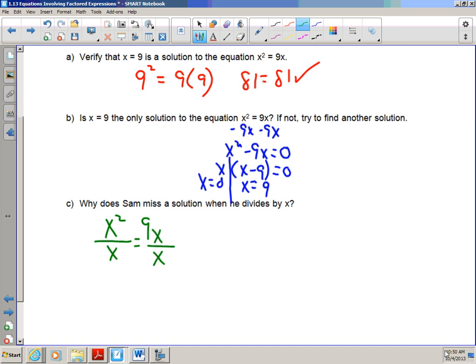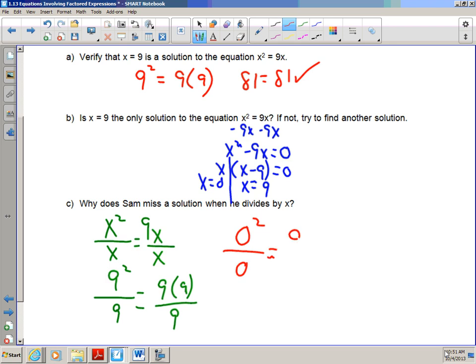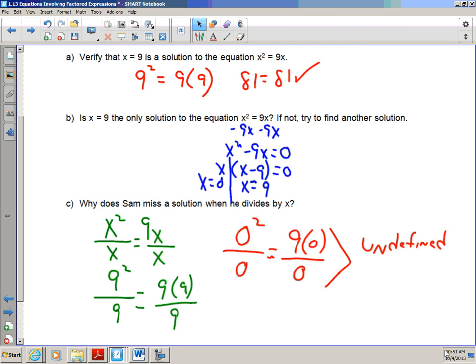If you substitute 9 in for x, you'll see that you still get a true statement of 81 divided by 9 on both sides. However, if you substitute 0 in for x, what's the problem? Well, 0 in the denominator gives us what kind of answer? You should recall that this statement is undefined. It makes no logical sense to divide something up into 0 parts.